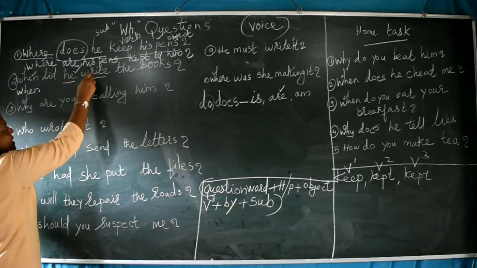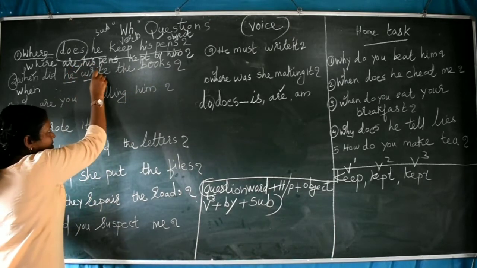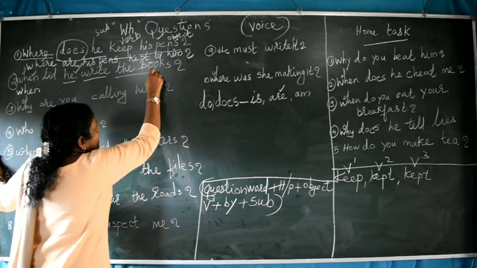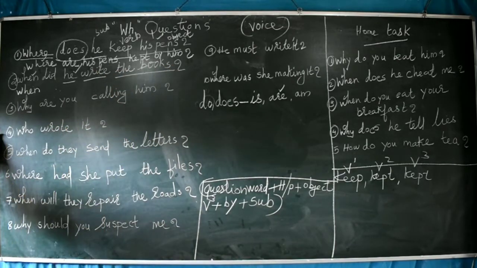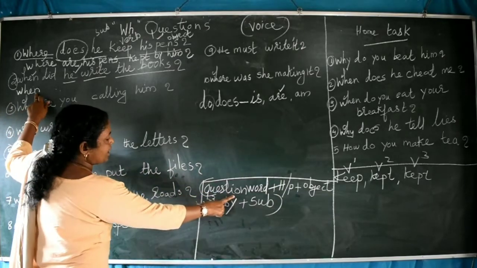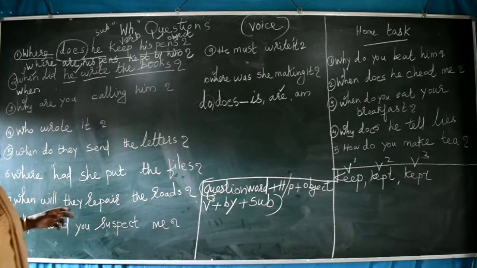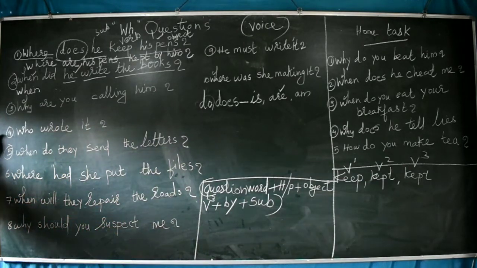Here, he write the books. He is the subject, write is the verb, the books is the object. So according to the formula, the question word I have already written. After that, the helping verb. How will we find it out? That is the next task.